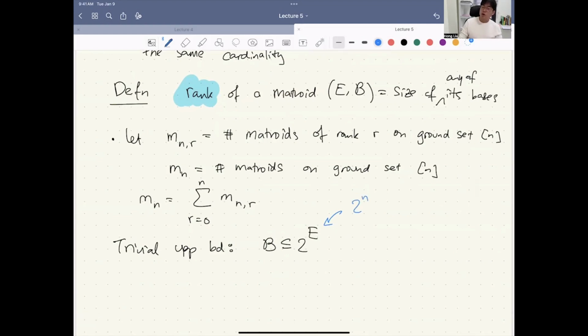Taking all possible subsets of a set of size 2 to the n, the number of choices of B is 2 to the 2 to the n. So this implies M(n) is at most 2 to the 2 to the n, or in other words, log M(n) is at most 2 to the n. That's a trivial upper bound.